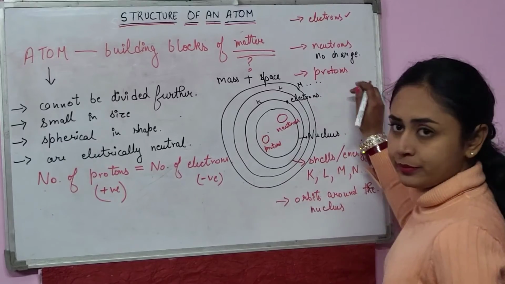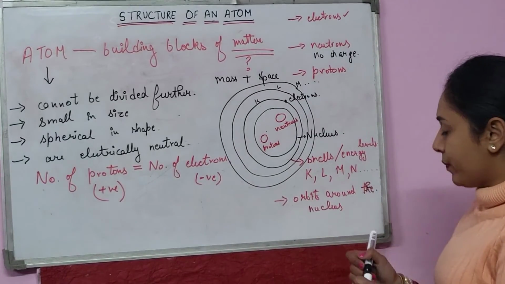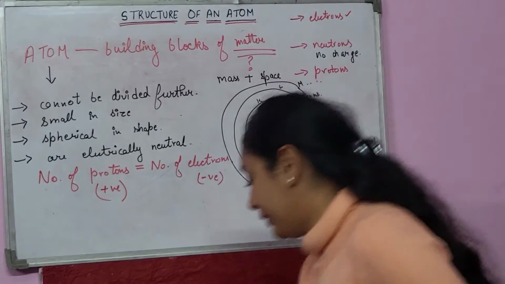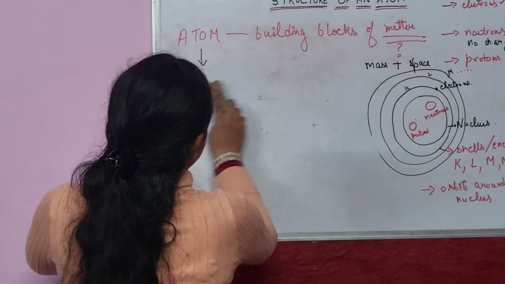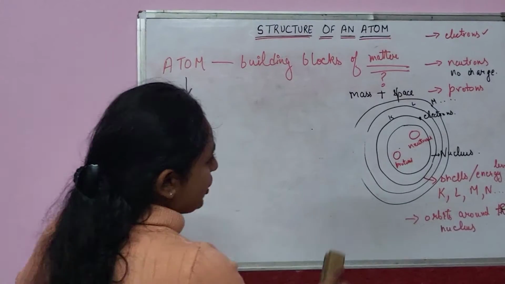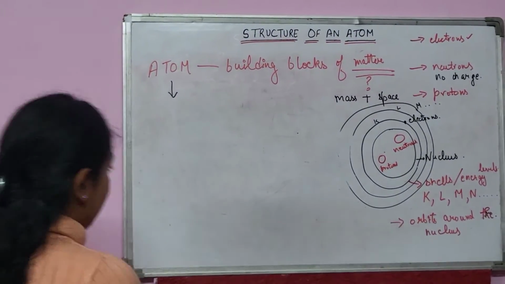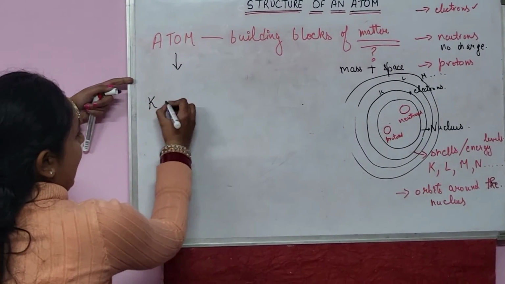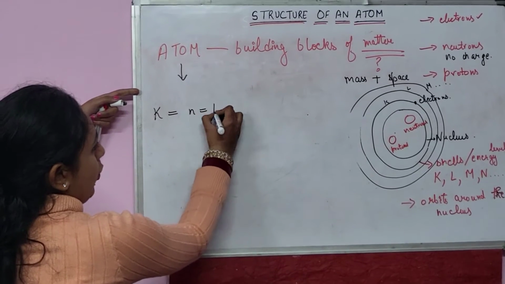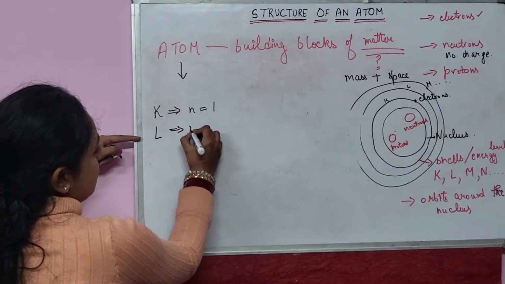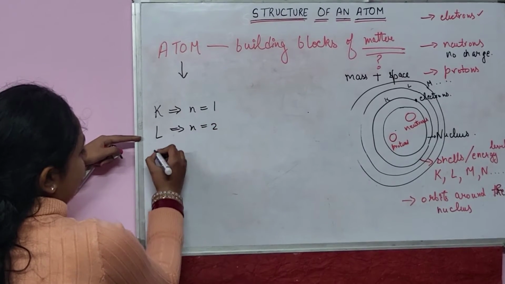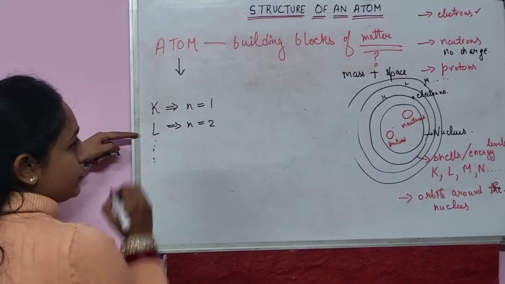and so on. Now we will learn further about these shells. The K shell has n equal to 1. The L shell is denoted by n equal to 2, and so on.